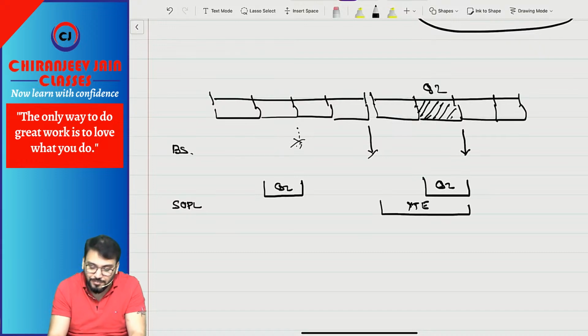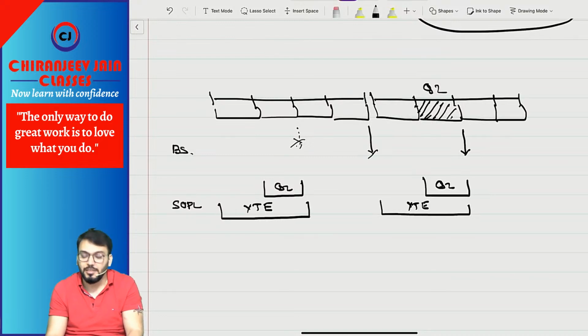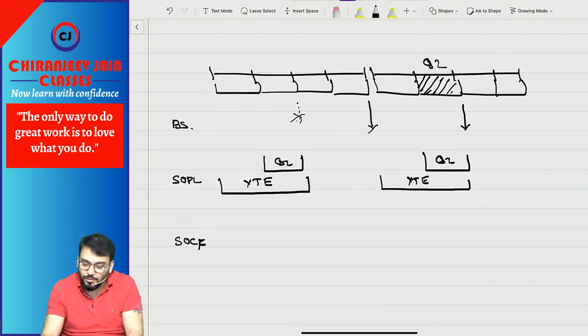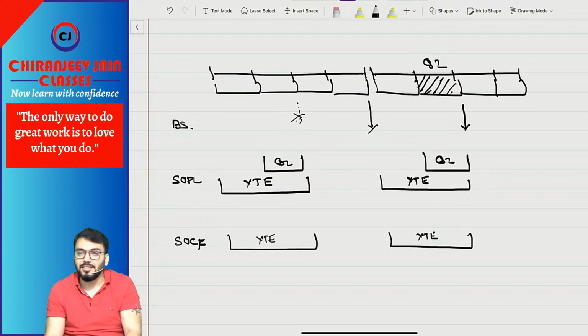Year to date. And a corresponding SOPL from year to date of the previous year. Then we need to prepare two statements of cash flow, that is year to date and year to date. Understood? Have you understood this point? Correct. This is for non-seasonal.